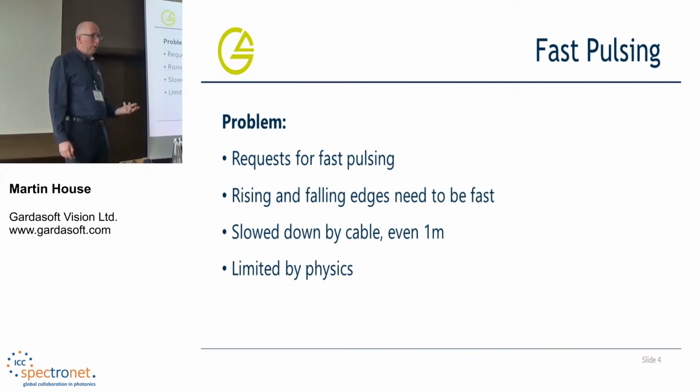A particular application that we worked on was using multiple lights for inspecting a mobile phone front and back using a line scan. And there's an added complexity that you had a long cable.